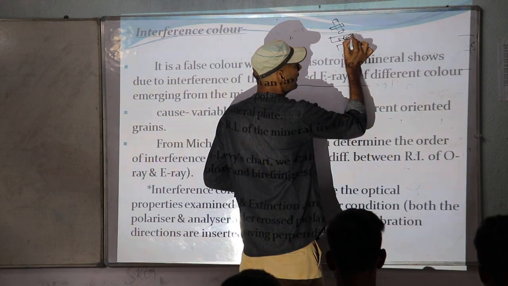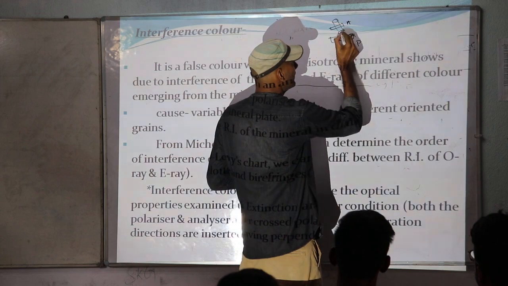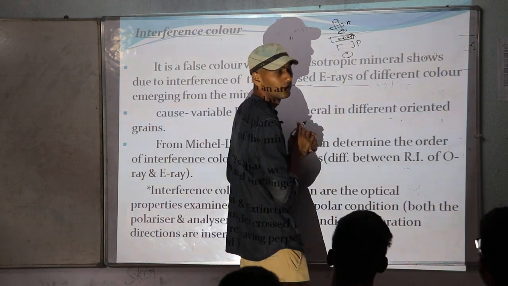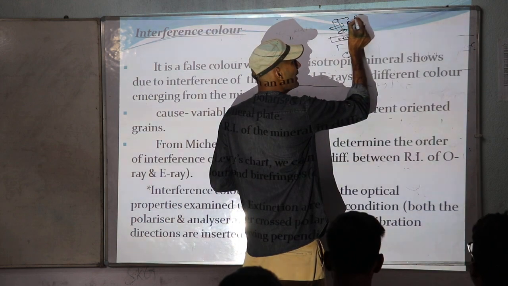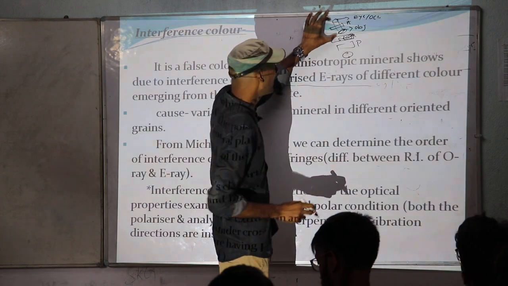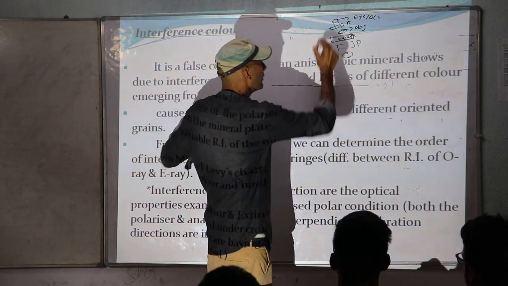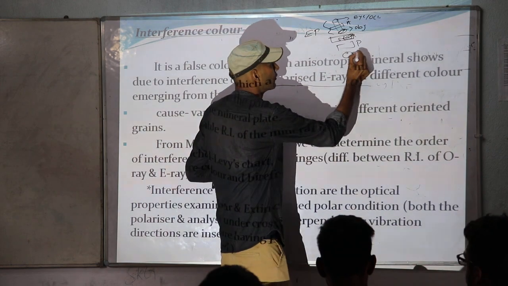This is the stage or mineral, this is the polarizer, this is the analyzer, this will be the objective lens, this will be the eye lens or ocular. This total will be the eyepiece.